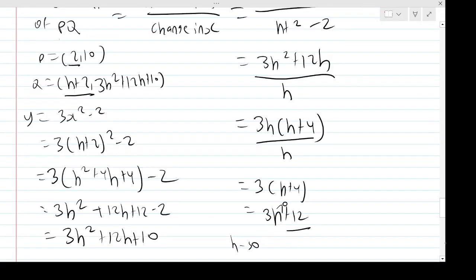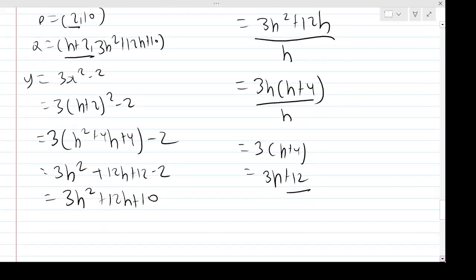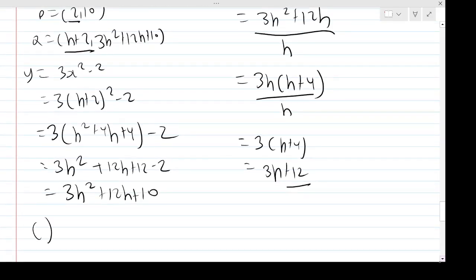So, okay, what I'm going to say then, the relationship between my two answers is, as h tends to 0, 3h add 12 tends to 3 lots of 0 add 12, because h goes to 0, right?